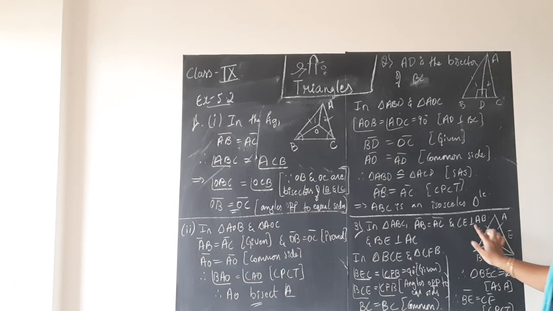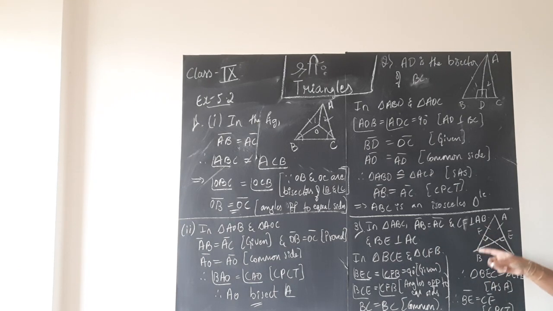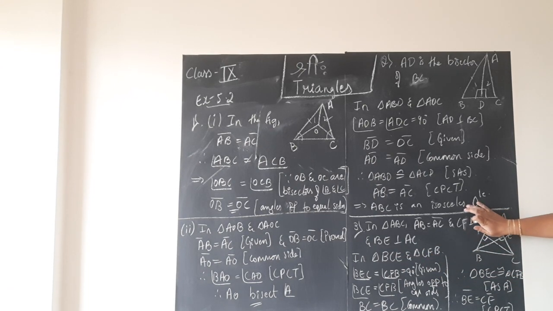CF is perpendicular to AB, and BE is perpendicular to AC. So next, CF is perpendicular to AB, BE is perpendicular to AC. They have only given that. Now these perpendiculars, after you draw, children, you forget this angle A for now.